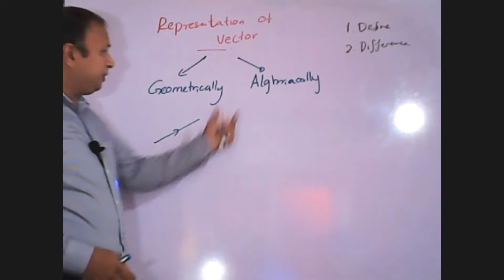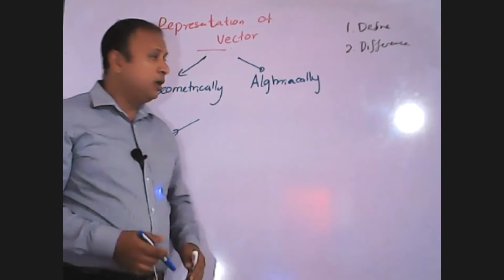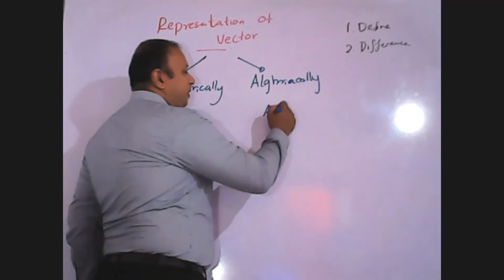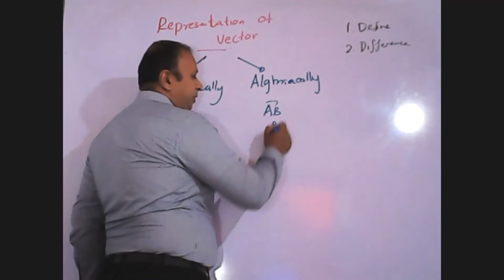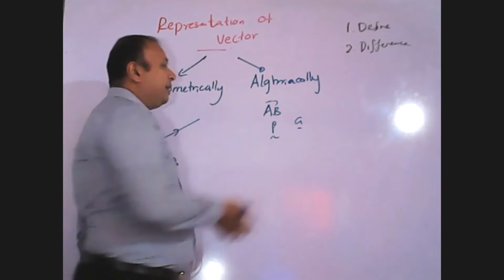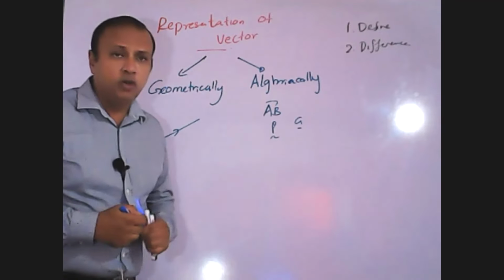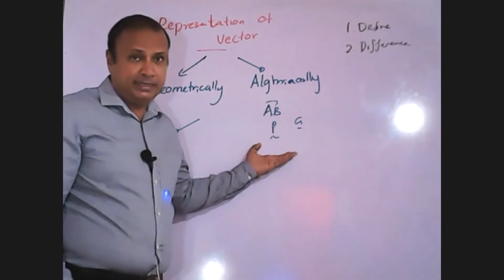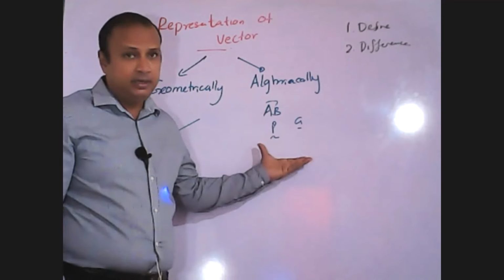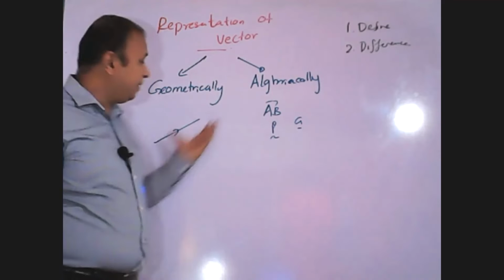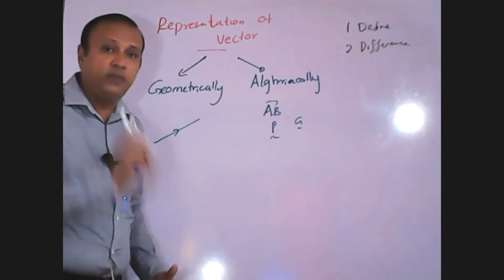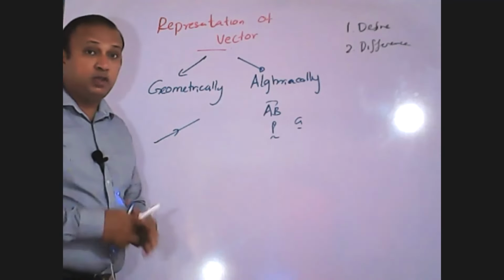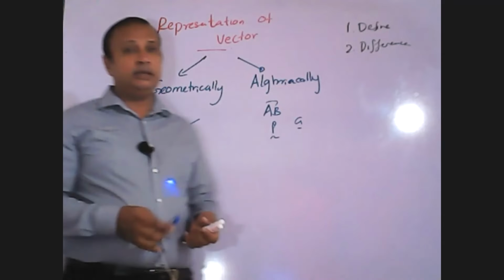Algebraic representation is where we use algebraic notation such as A, B, P vector, A vector, those kinds of symbols, to represent a vector algebraically. Algebraical means using letters. Geometrically, we can use a figure to represent a vector. Those are the two methods of representation of vector.